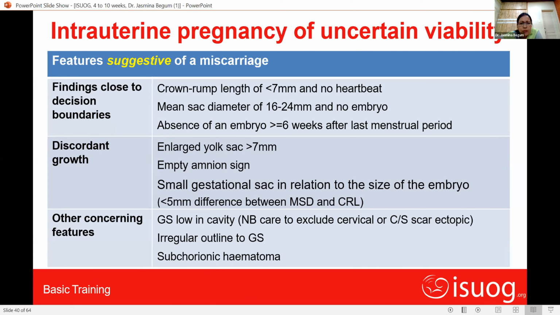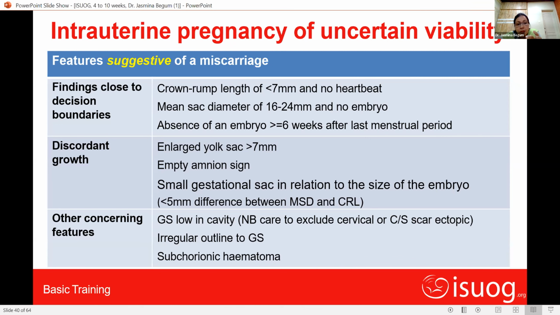So when the CRL is less than 7 millimeter and there is no heartbeat, or the mean sac diameter is between 16 to 24 millimeter and there is no appearance of embryo, or the pregnancy is more than or equal to 6 weeks after LMP but there is absence of embryo, or the yolk sac is abnormally large, more than 7 millimeter, or the amniotic cavity doesn't have the embryo inside it, so it is an empty amnion sign, or when there is a small gestation sac in relationship to the size of the embryo.